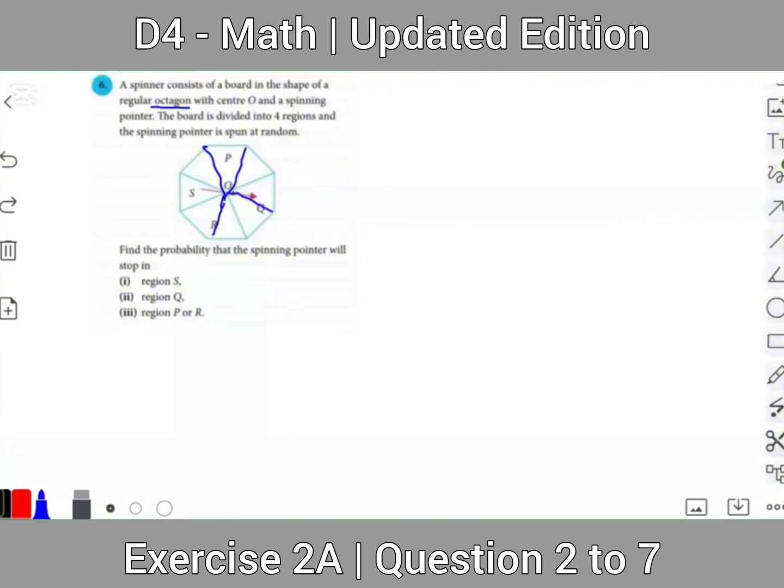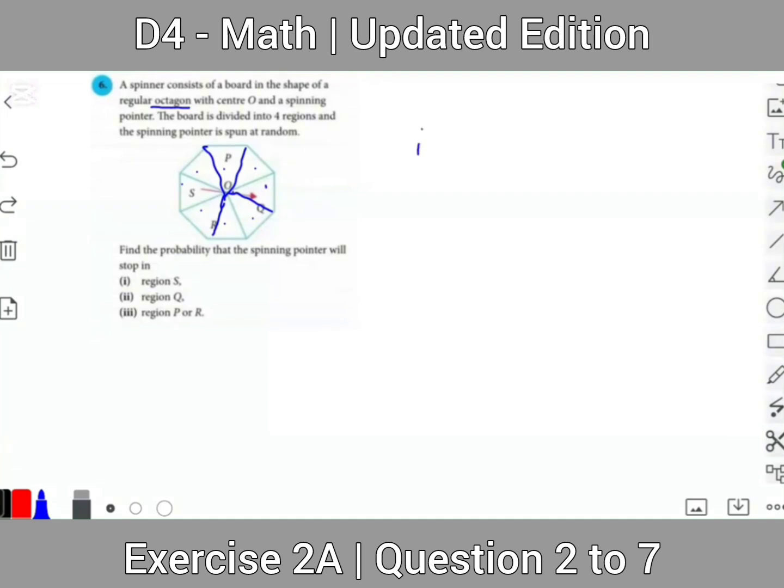Since we have divided it into 8 parts, we can see that region P covers 3 parts, region S covers only 1 part, region R has 2 parts, and similarly region Q also has 2 parts.